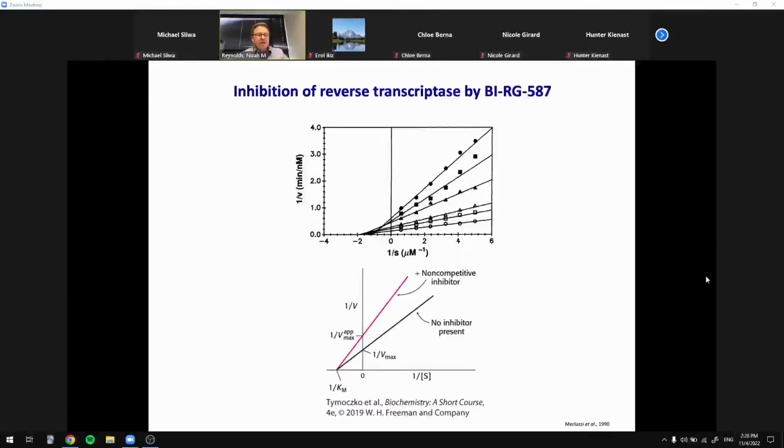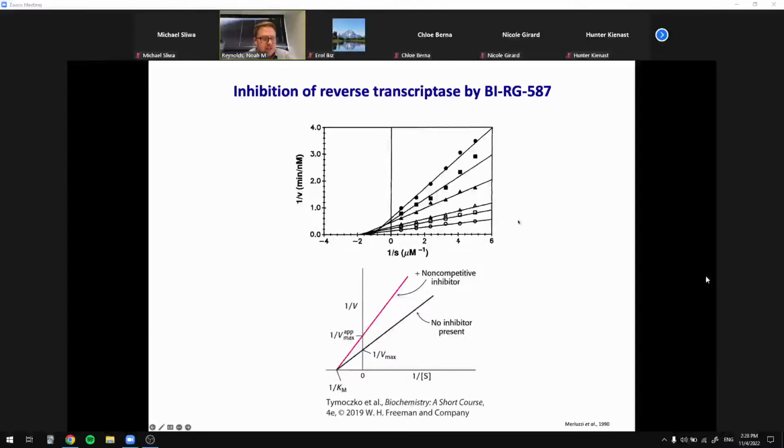And then they did further things to say it doesn't actually inhibit any of the other polymerases we have in our body. So it's going to have probably low cytotoxic effects because it's not inhibiting other DNA polymerases. And so does this make sense?